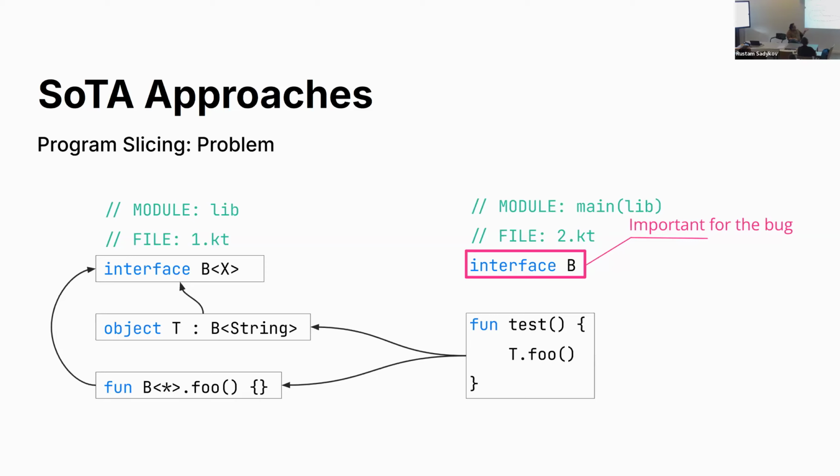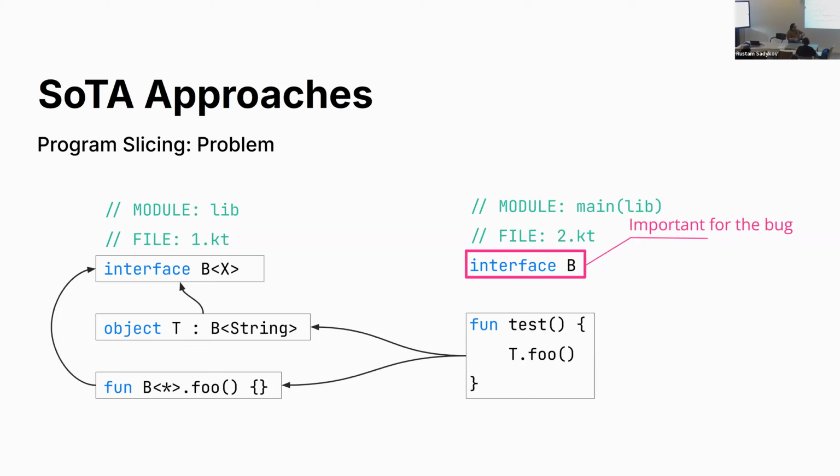And also we have an interface that is basically unused. But the main problem is that if we delete the interface B, we won't reproduce the initial error.